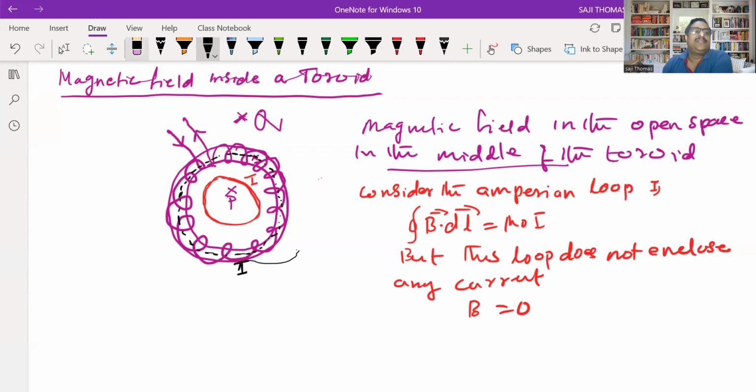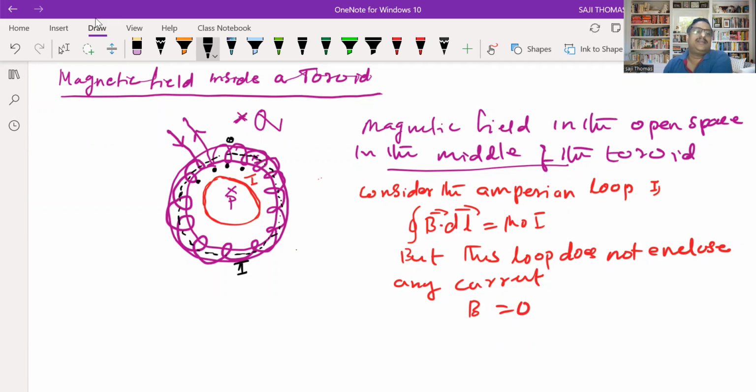You can see that when you consider the turns, current is entering at the top of each turn, and at the lower portion of the ring, current is coming out.